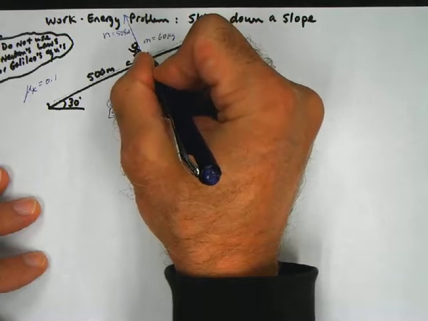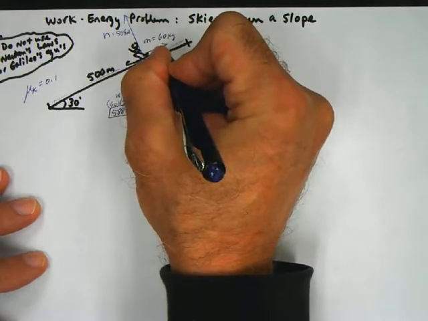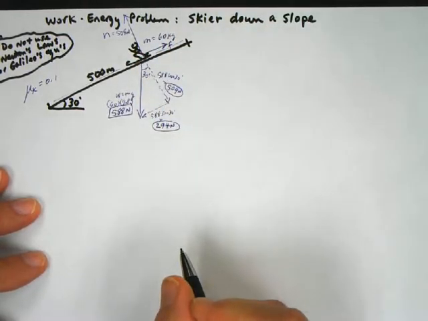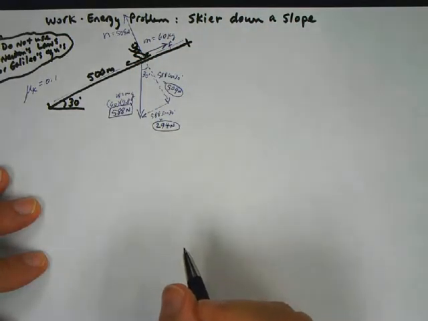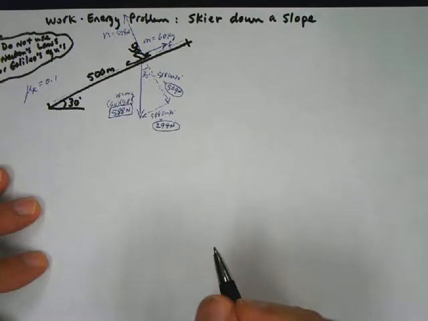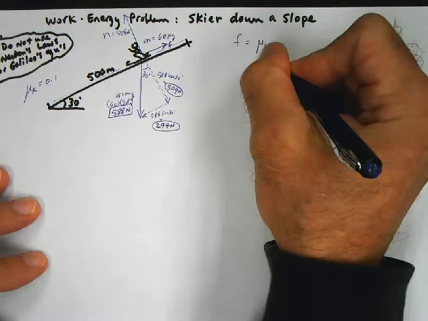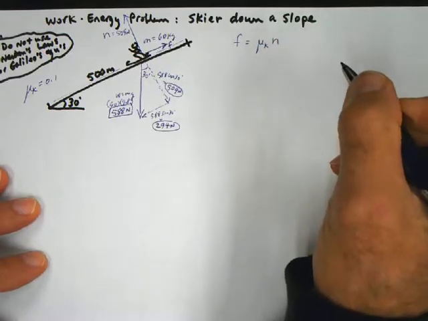Friction, of course, is opposing the skier's motion, so I can label that F, and friction, as we remember, is equal to the coefficient of kinetic friction times the normal force.